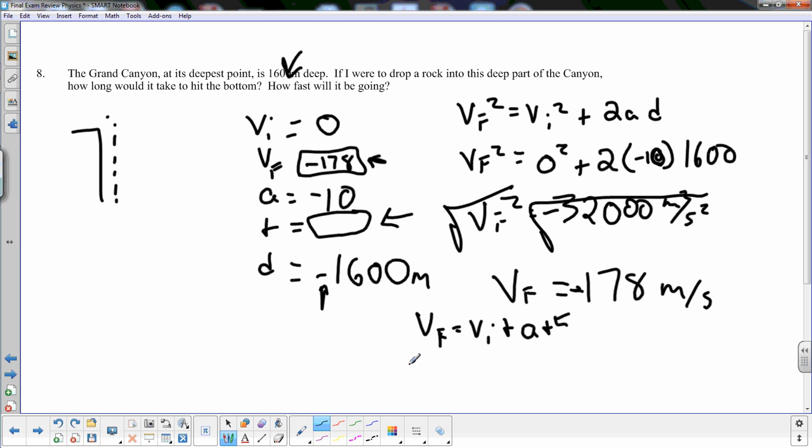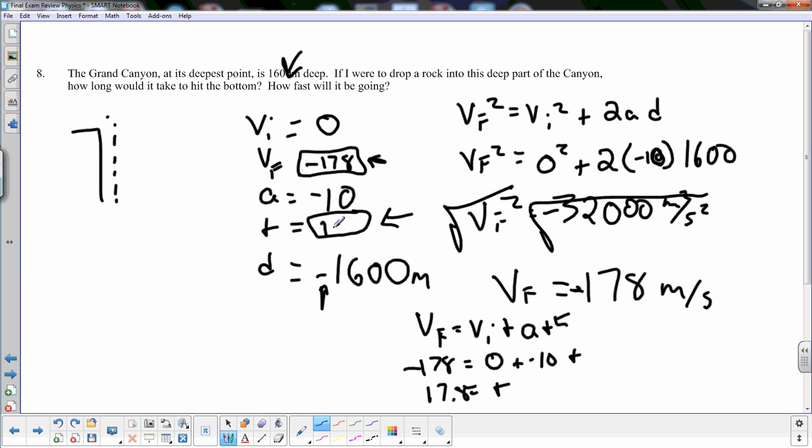So the negatives cancel out. We will be dealing with a time of, divide 178 by 10, 17.8 seconds. Fair enough? Keep going here.